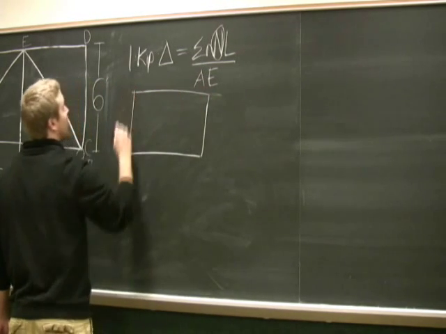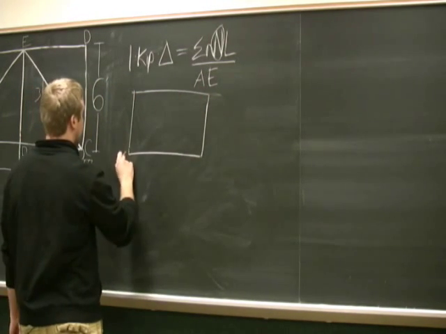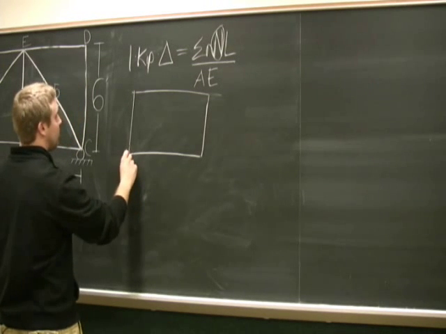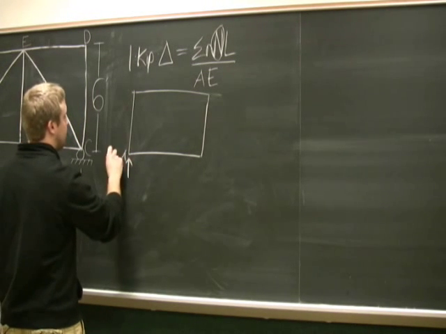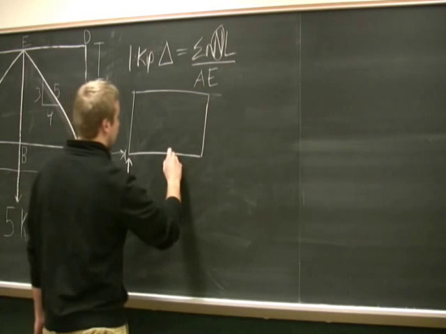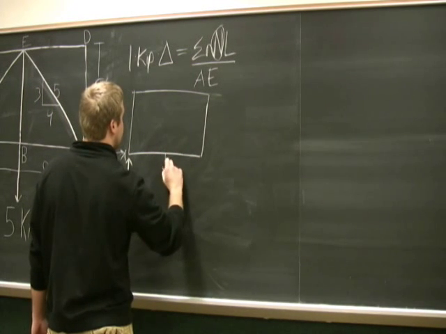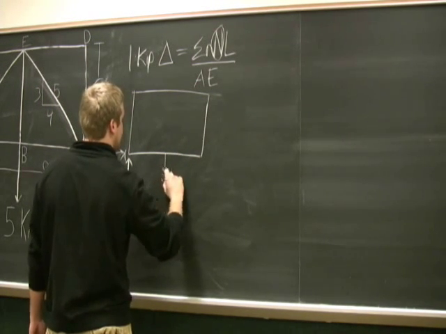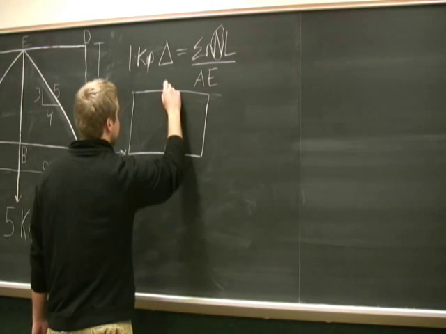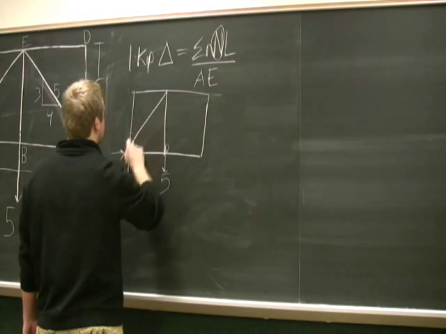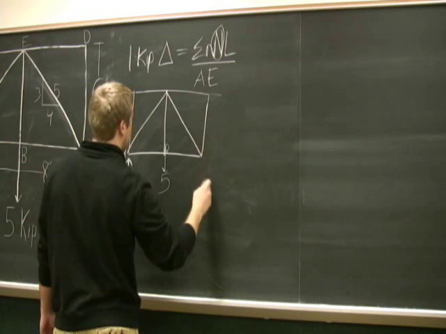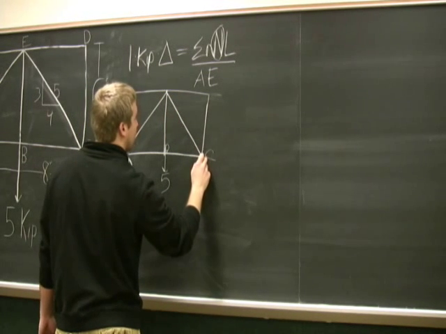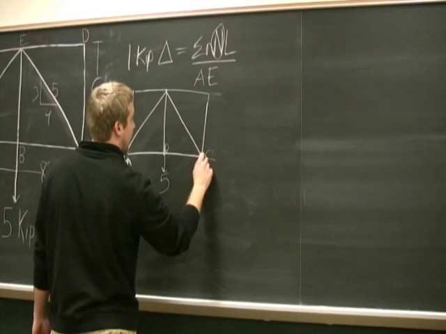First, we have to start by drawing a free body diagram. At point A, we have a stationary support, so we have 2 reactions. At point B, we have the 5 kip load. And then at point C, we have a roller, so we have 1 reaction.